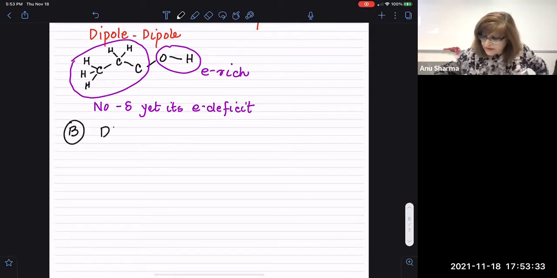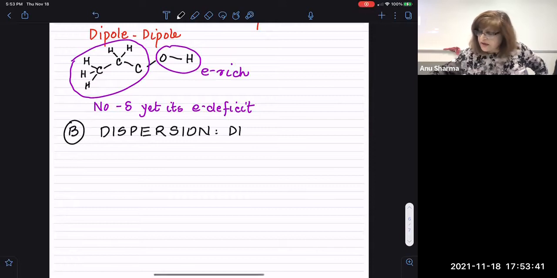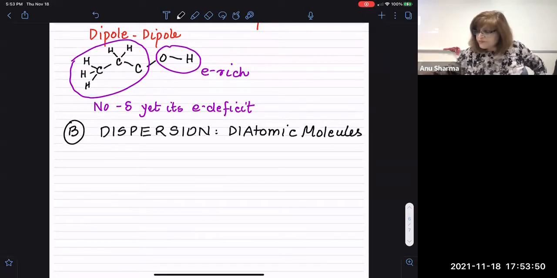First of all, I want to clear up dispersion. Dispersion alone applies to diatomic molecules. So which ones are those?